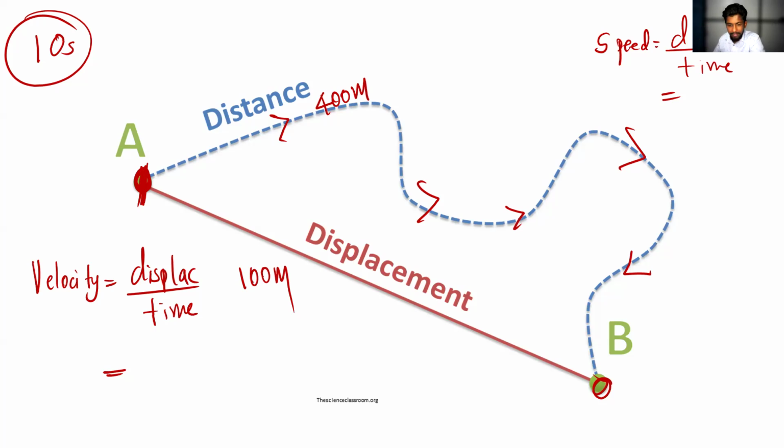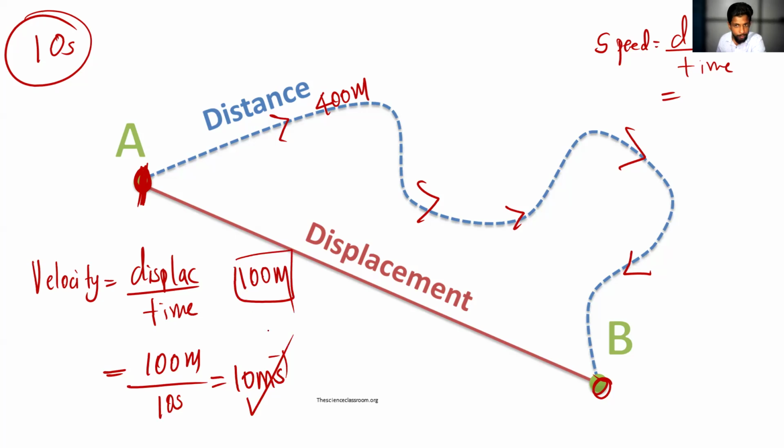Now we'll put in the values and find the answers. You know the displacement is 100 meters, and the time is 10 seconds, so the answer will be 10 m s^-1 for the velocity.